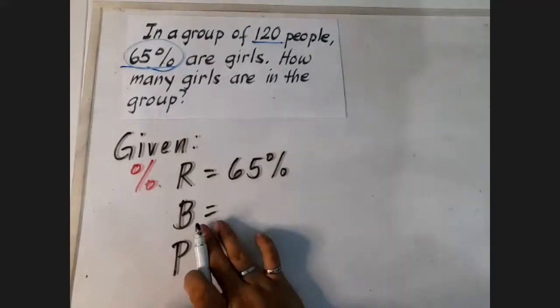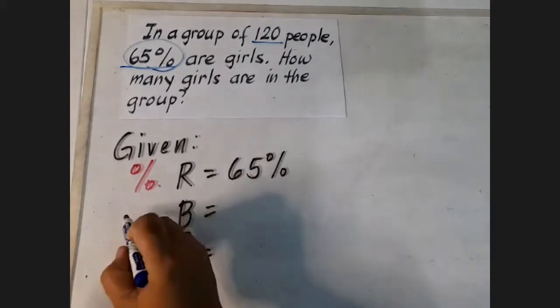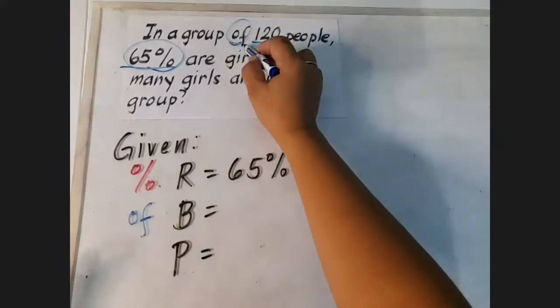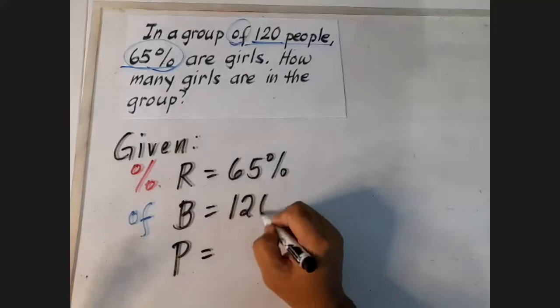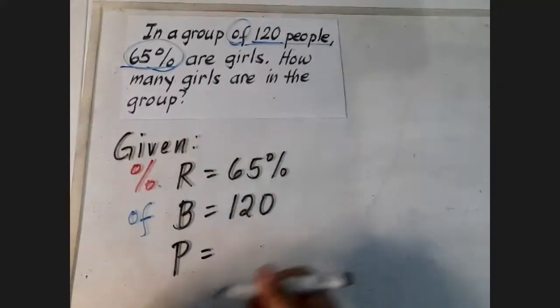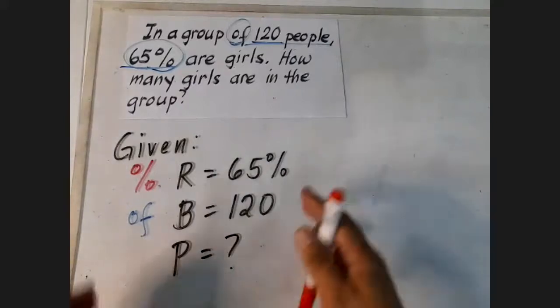So, meron na tayong rate. Next, we identify the base. At ang clue word natin dyan ay yung salitang of 120 people. So, B is 120. Okay, so ang percentage natin, yung unknown. Now, double check ninyo ha, bago tayo mag-solve.